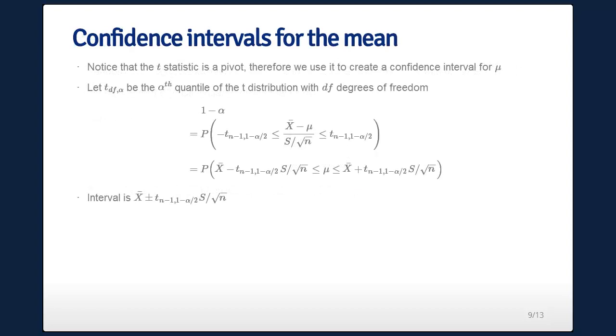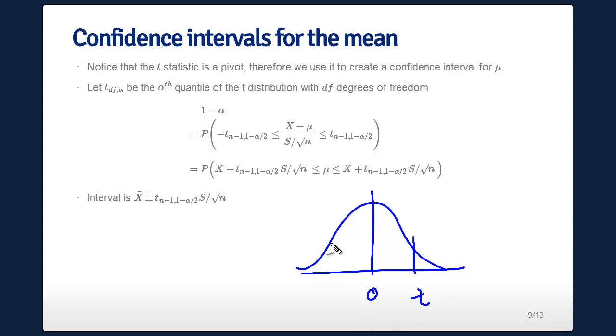Then we can go through the same game that we did before and create a confidence interval for mu. The t distribution is centered at 0. So if we get this t quantile, and that's the negative t quantile, the negative of that number, so that there's alpha over 2 up here and alpha over 2 down there and 1 minus alpha in the middle, the probability that this guy lies between them should be 1 minus alpha, just because it follows a t distribution, and that's just the definition.